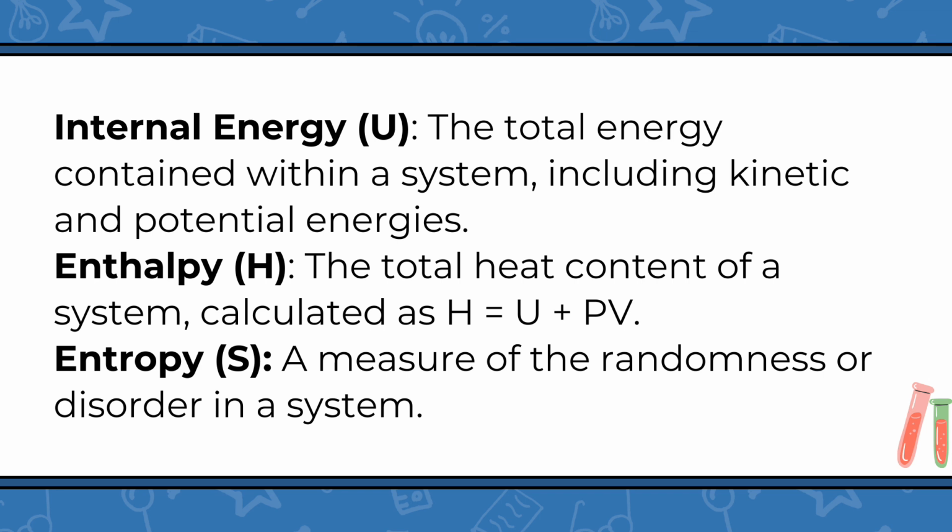Okay, let's proceed to the other terms in chemical thermodynamics. The next one is entropy, symbolized by S. Entropy measures the amount of disorder or randomness in a system. So the higher the entropy, the more disorganized the system is. Another example is melting ice.